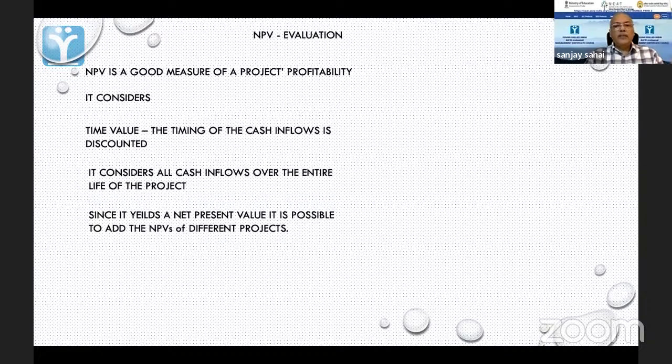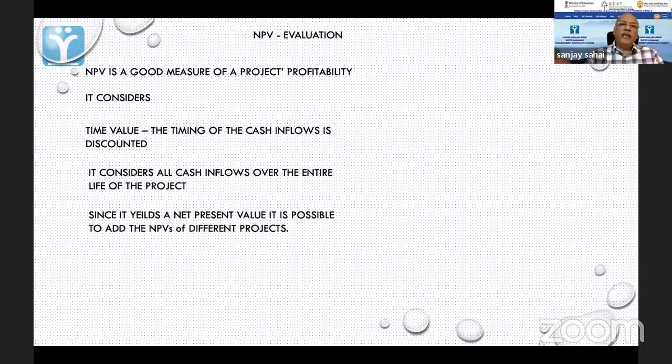It yields a net present value. It is possible to add the NPVs of different projects. Let's say that you're going to do a certain number of projects simultaneously. Then, if you want to understand exactly what will be the benefit to the company from doing all these projects, you discount all the inflows from each of these projects to their present value and add them up.